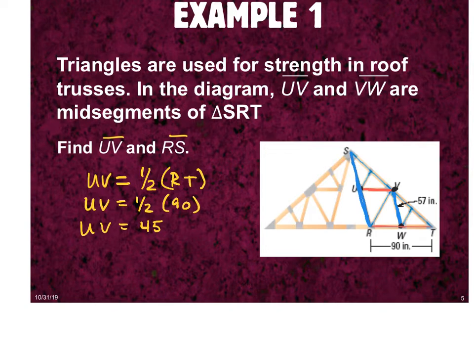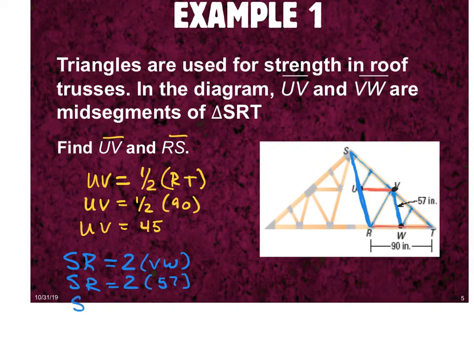Okay, so let me just turn that into a formula. We know that SR, the one that we're looking for, is twice the length of VW. It's twice as long. So SR must be 2 times 57.